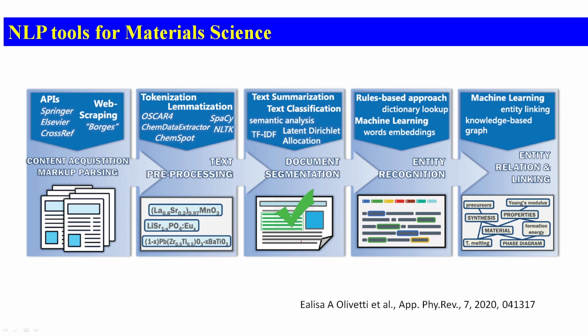Okay. Once you do that, then you can do document segmentation, that is nothing but text summarization or text classification. There you do a lot of semantic analysis, to find the actual meaning of the text, and you can also find latent Dirichlet allocation, what kind of latent information is available. The fourth thing is what is called entity recognition.